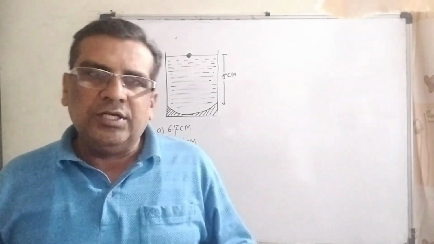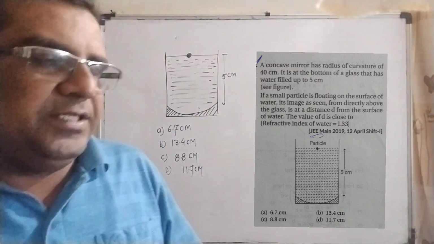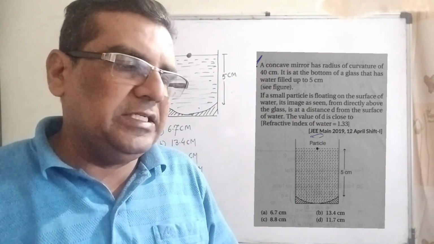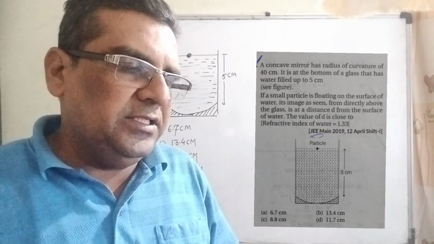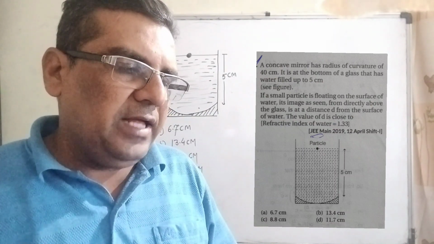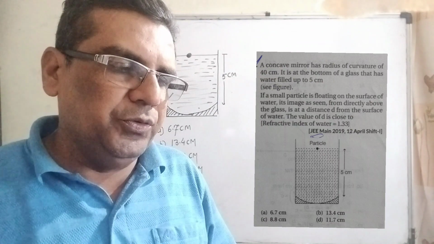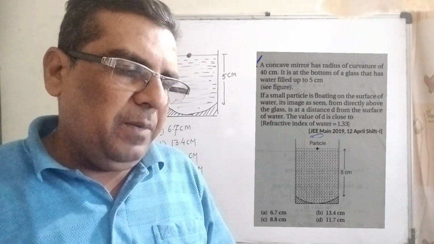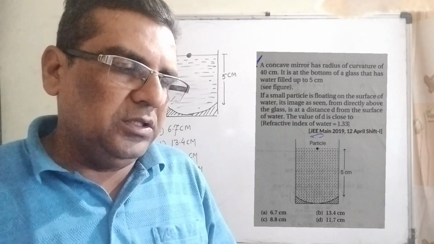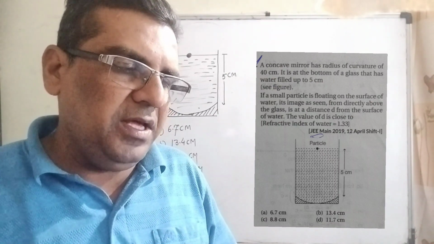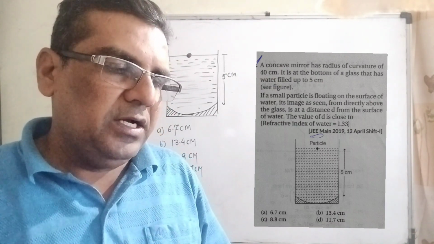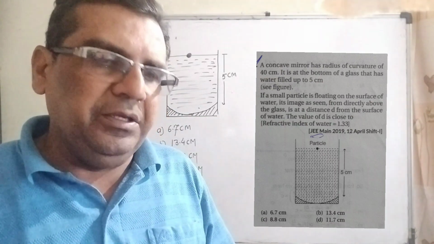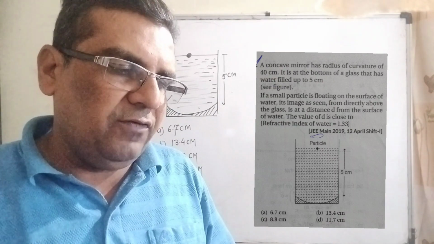Okay, let's move on. The question says: a concave mirror has a radius of curvature of 40 centimeter. It is at the bottom of a glass that has water filled up to 5 centimeter. If a small particle is floating on the surface of water, its image as seen from directly above the glass is at a distance d from the surface of water.